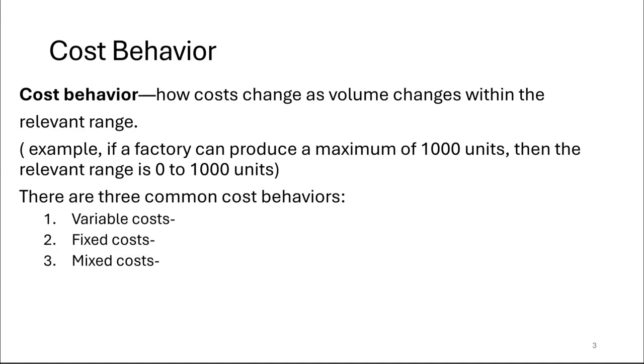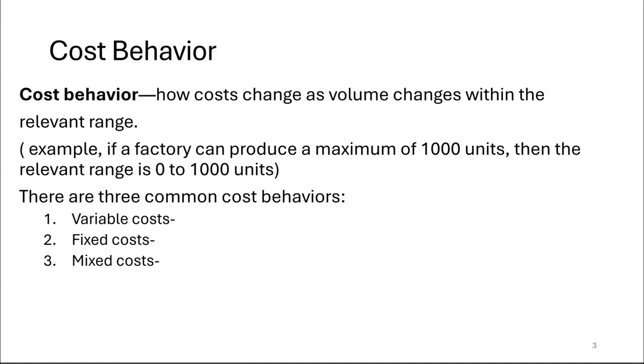So the first thing we need to be able to do when we are using cost behavior to make predictions is break our costs between variable and fixed. And this becomes an issue when we have mixed costs, which include a variable and a fixed element, and we'll show how you handle that too.